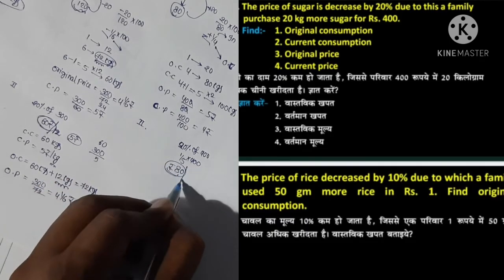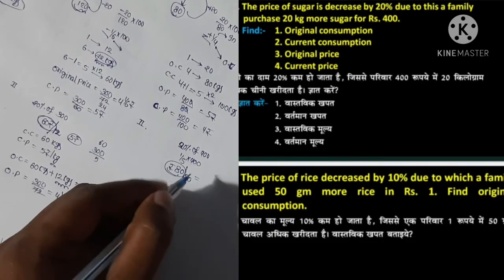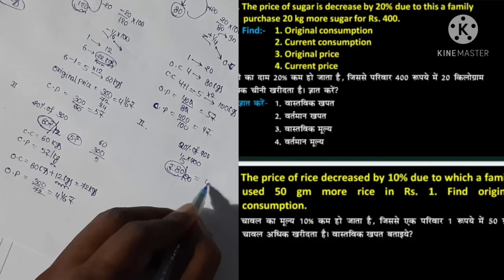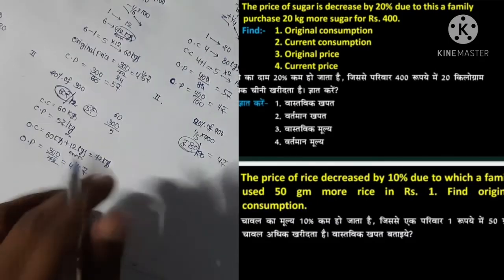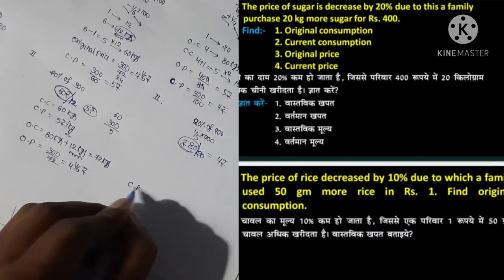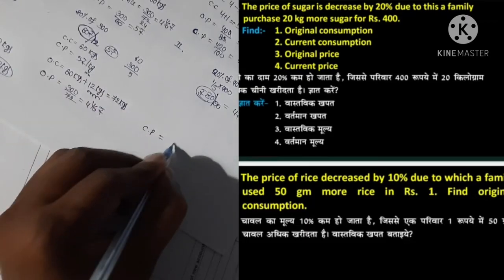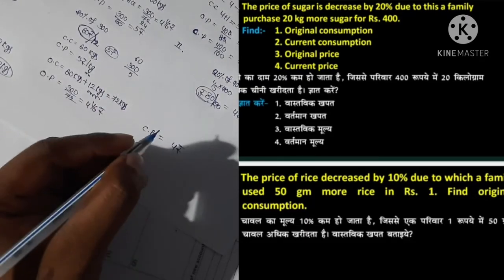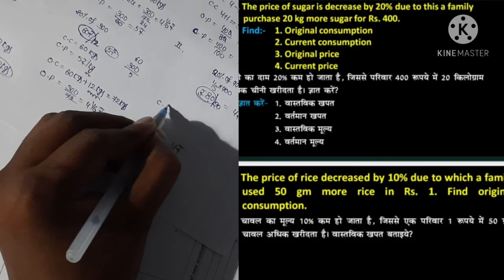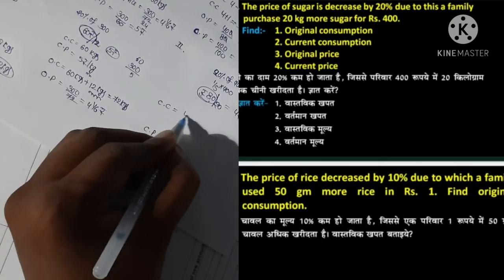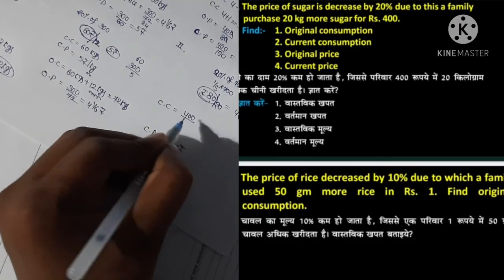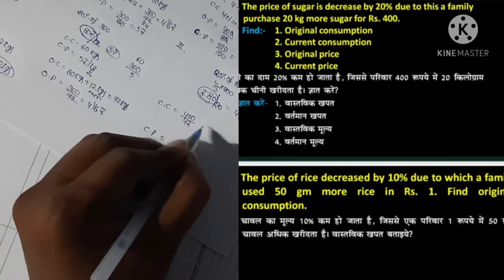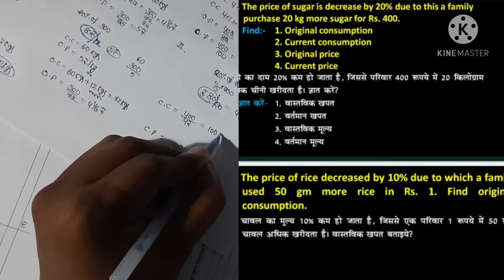That means 80 by 20. So current price is 4 rupees per kilogram. So current consumption is equal to 400 by 4 rupees. The value is 100 kgs.